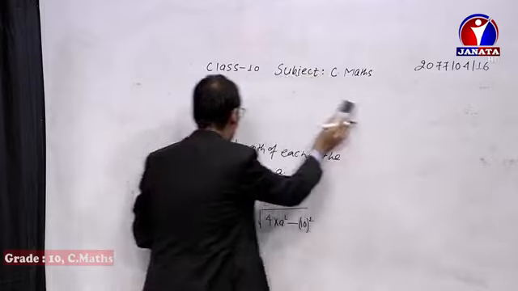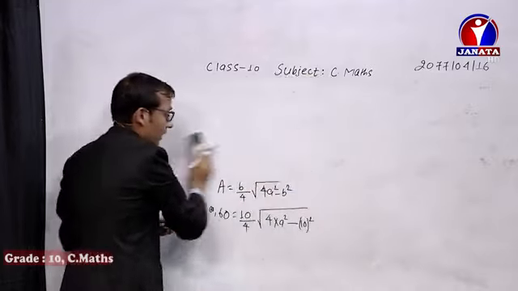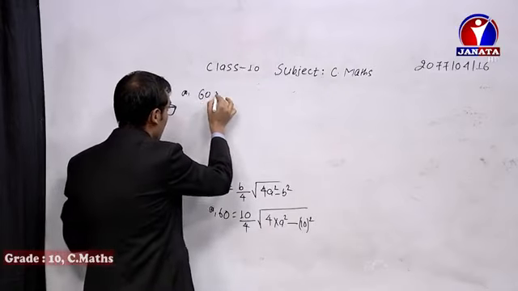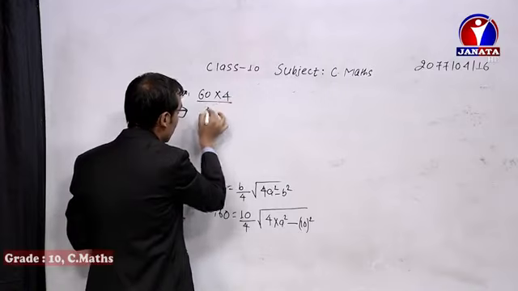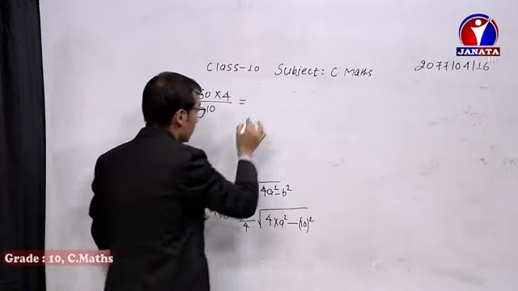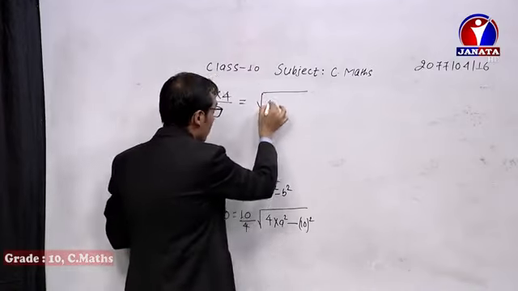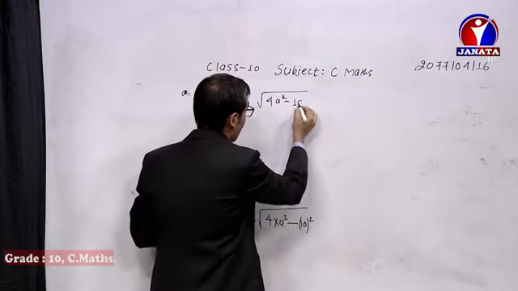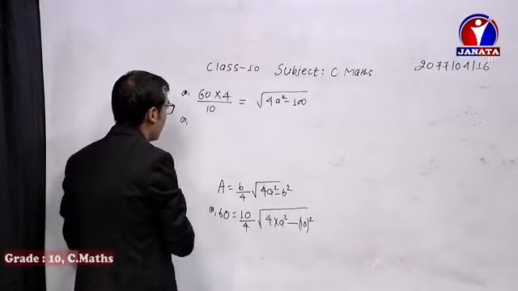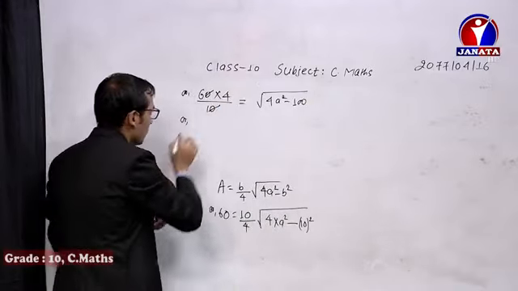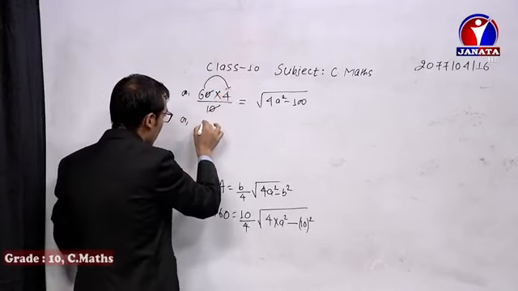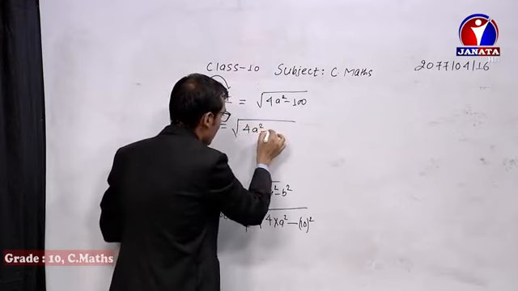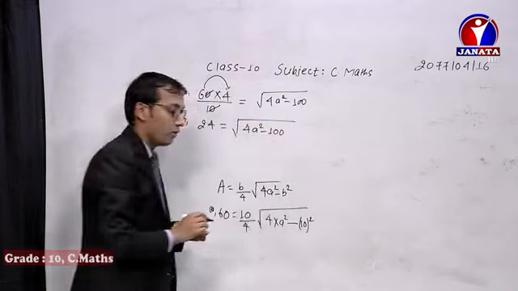We are finding the value of a, the length of the equal side. So 60 times 4 over 10 is the square root of 4a square minus 10 square, which is 100. We can cancel 0. What is 6 times 4? It's 24, equal to the square root of 4a square minus 100.